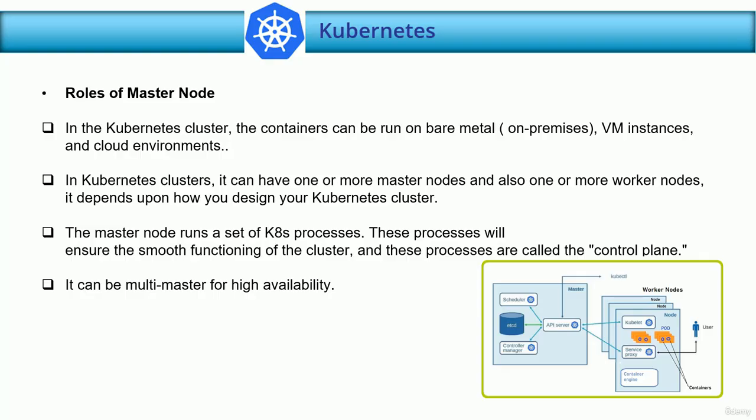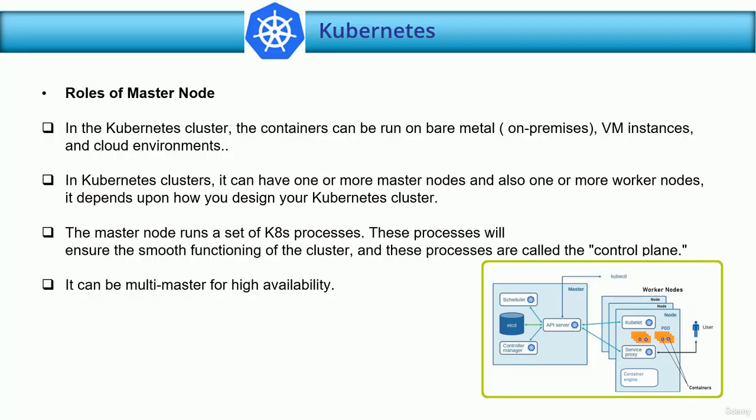The master node runs a set of Kubernetes processes. So once you interact with the API server, what will happen? All the processes running on the system start working together to provide the desired state. On the master node at the backend, many processes are running: a few for the scheduler, a few for the API server, a few for the etcd database, and a few for the controller manager.